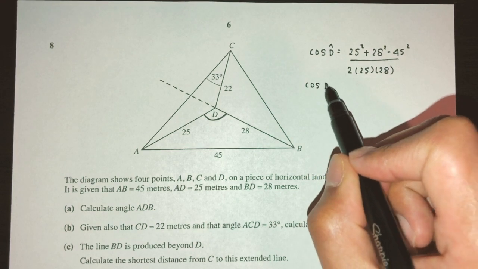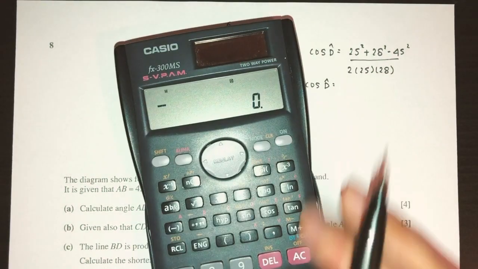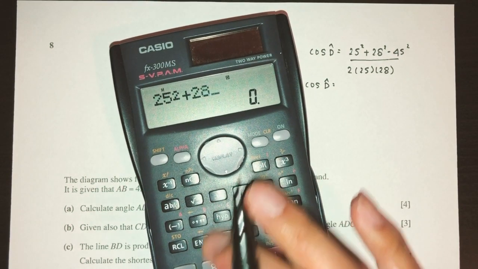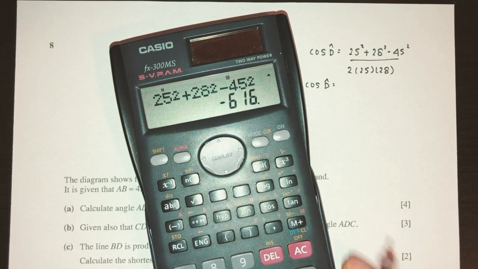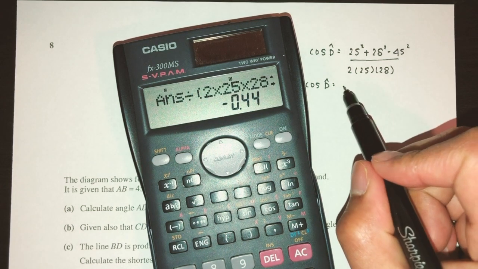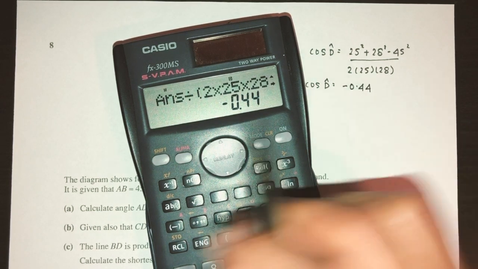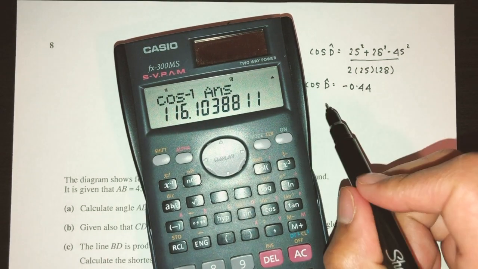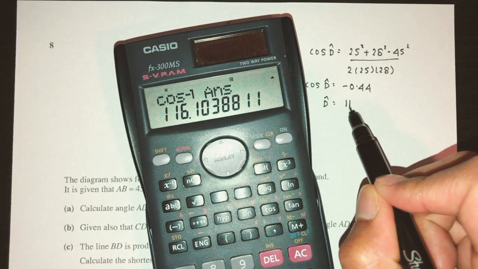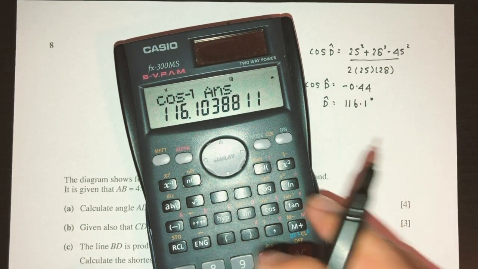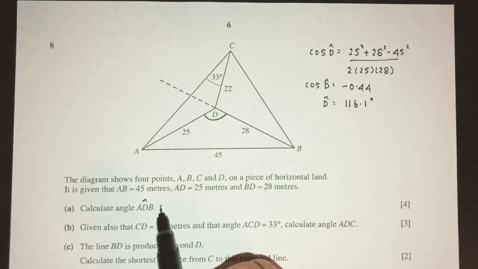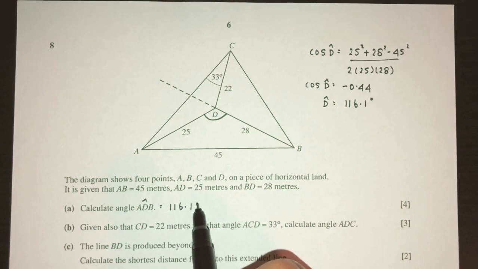So cos of D will be that, which is minus 0.44. So cos inverse of that should give you the angle, which is 116.1. So angle D will be 116.1 degrees.